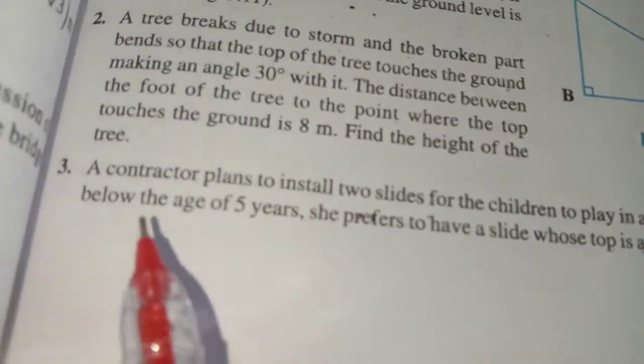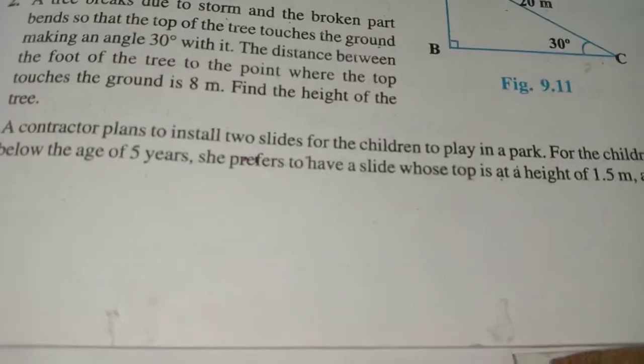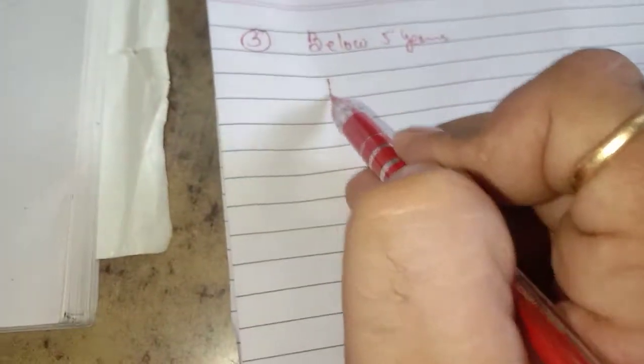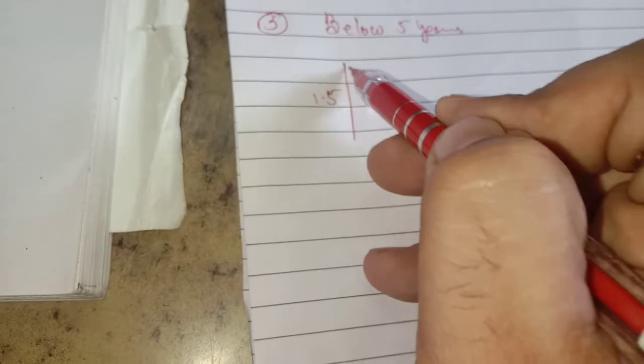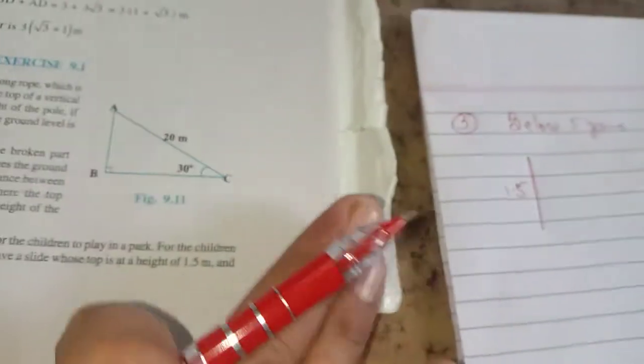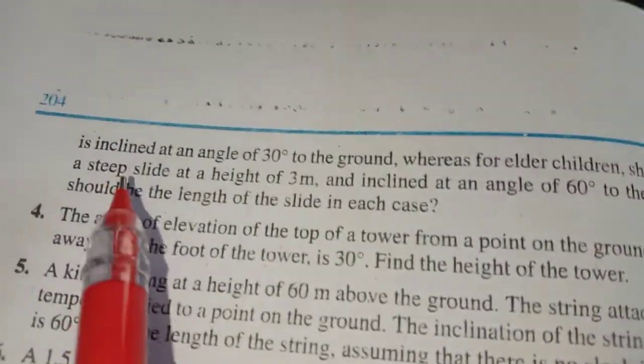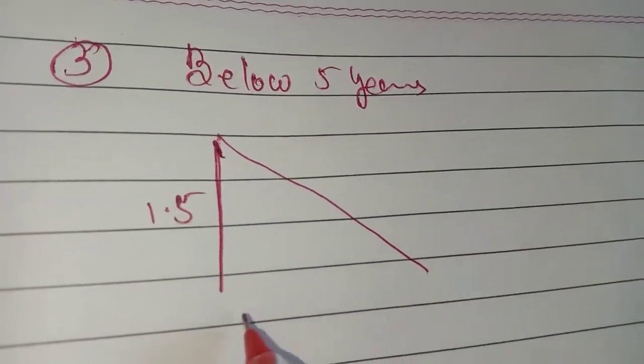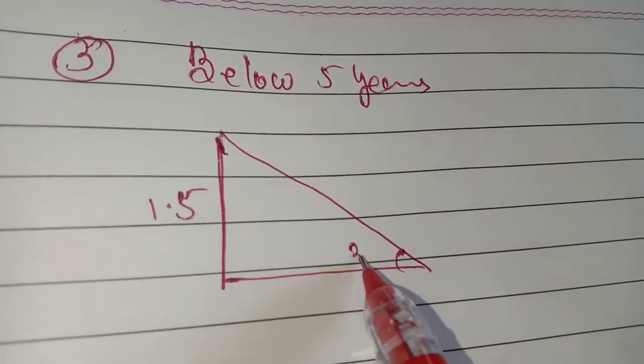For the children below the age of 5 years, she prepared a slide whose top is at height 1.5 meter, and it is inclined at an angle of 30 degree. So inclination is given as an angle of 30 degree for below 5 years.